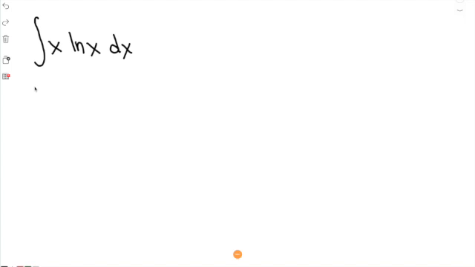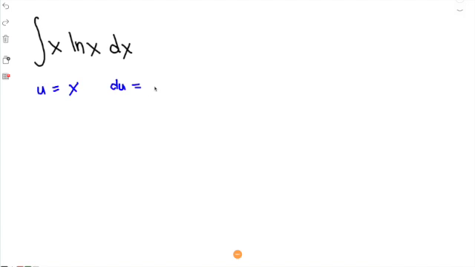So first, let's use u and apply our filters. Let's say you choose x as your u. The first filter is choose u so that du is simpler.